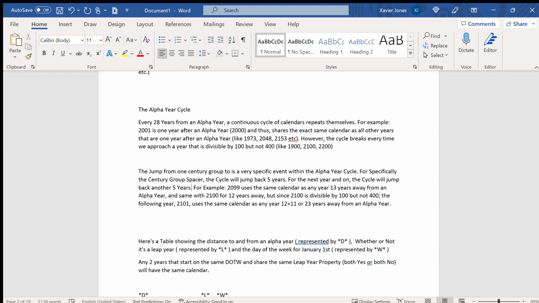For example, 2099 uses the same calendar as any year 13 years away from an alpha year. Same with 2100 for 12 years away.